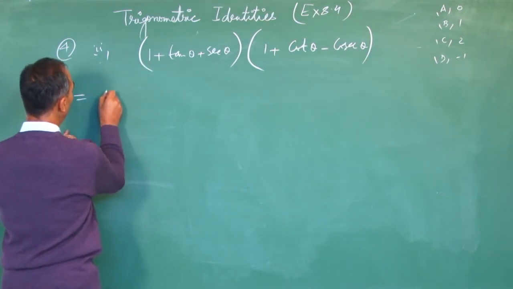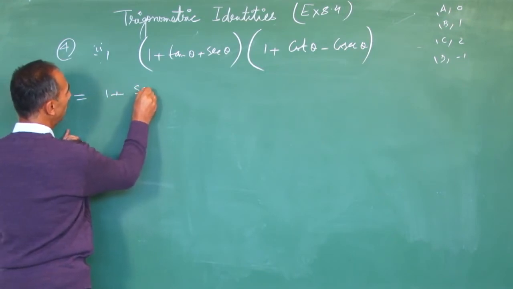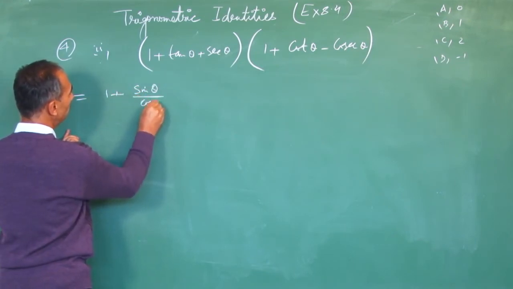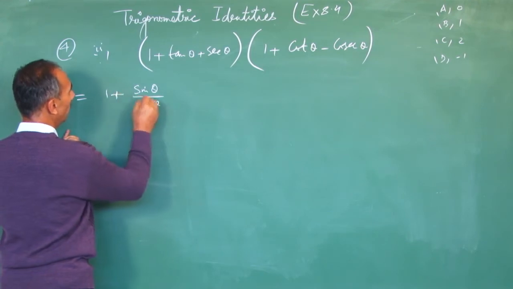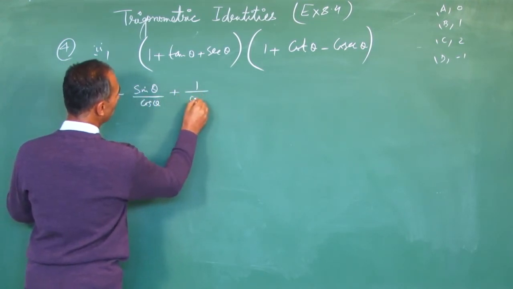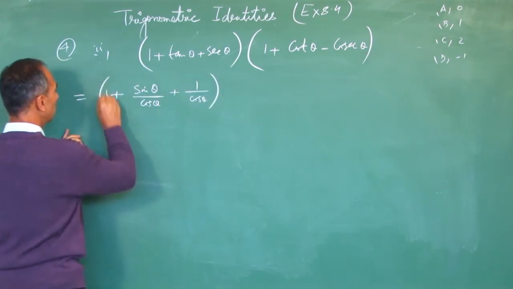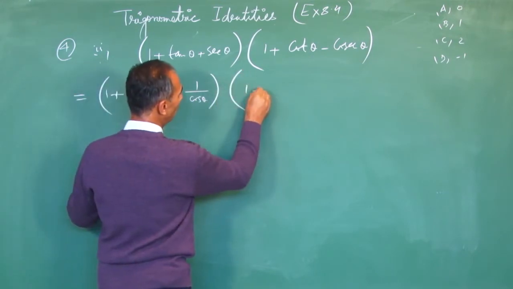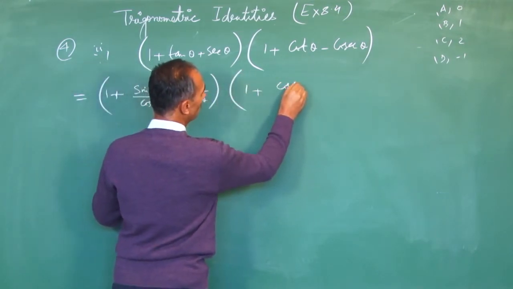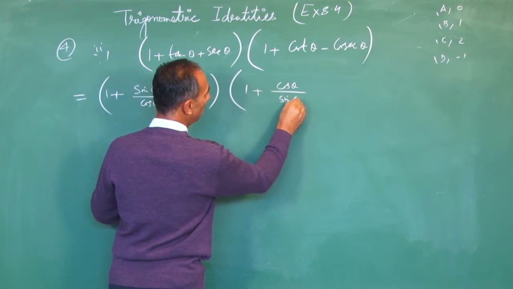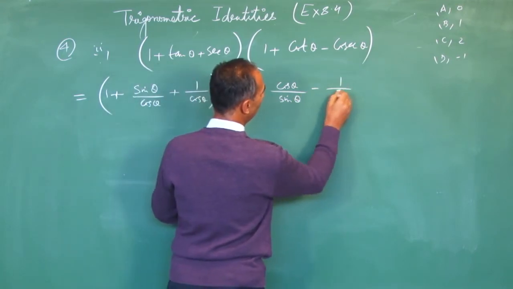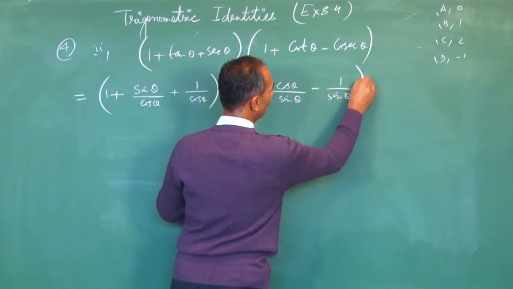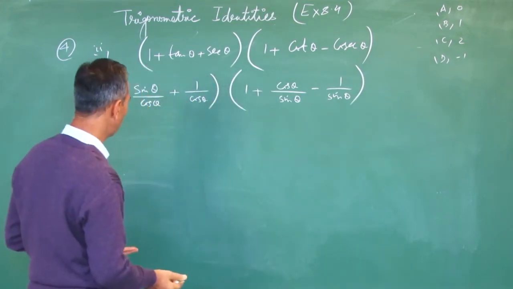This is going to be 1 plus tan, which is sine upon cos, plus secant, which is 1 upon cos of theta, into 1 plus cot, which is cos theta upon sine of theta, minus cosec, which is 1 upon sine of theta. So I could simplify it this way.